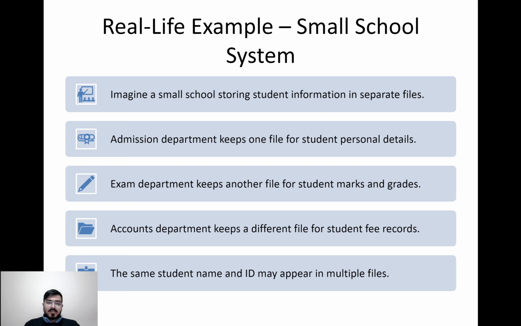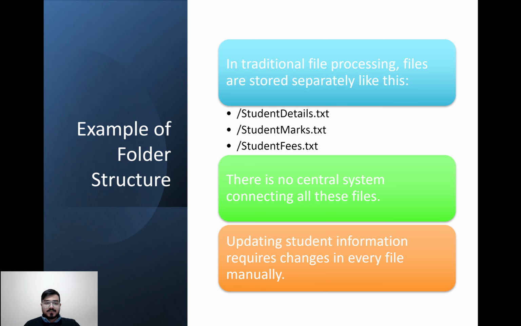The account department keeps another file for student fees record. Now here the problem is the same student name and student ID can appear in many files. So if we want to update one student's information, we may need to update multiple files. This is a very common situation in traditional file processing.